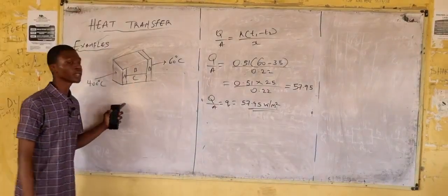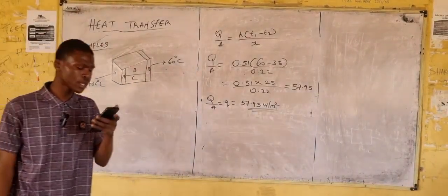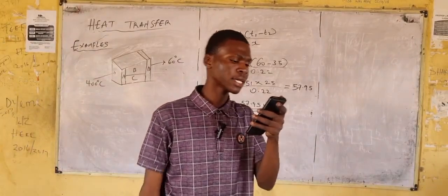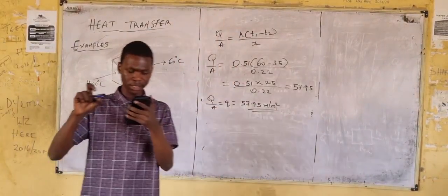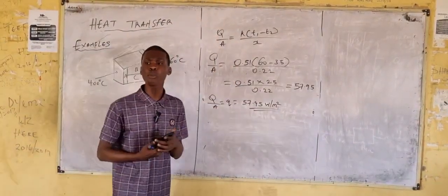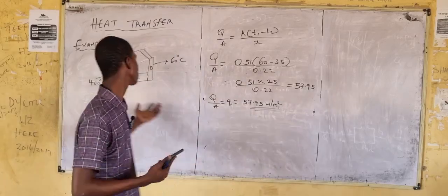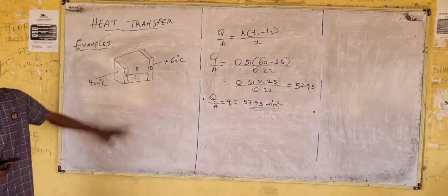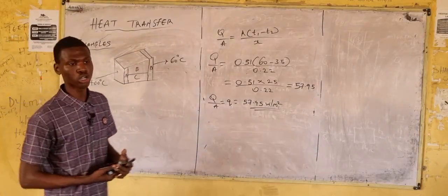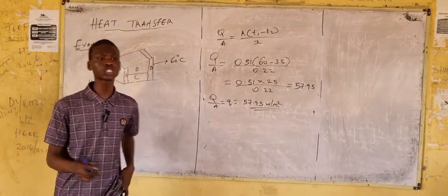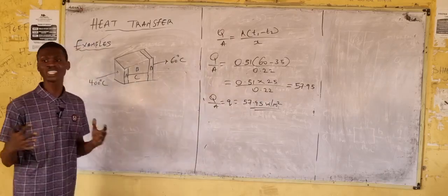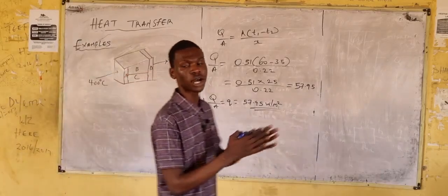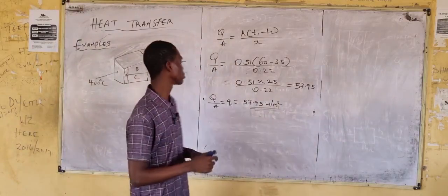All right. Next example. The question says, find the total heat flow rate through a composite wall shown below. This is the diagram. This is the composite wall. Solution. First thing first, what we are going to do is to record the necessary formulas, and then we do the solutions.